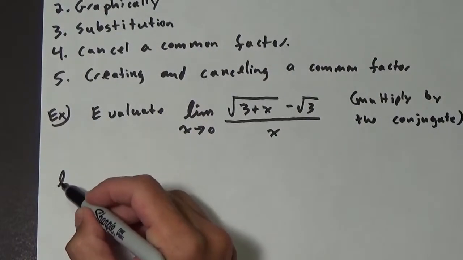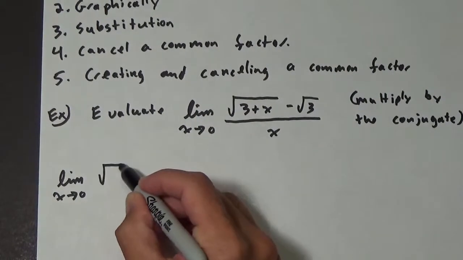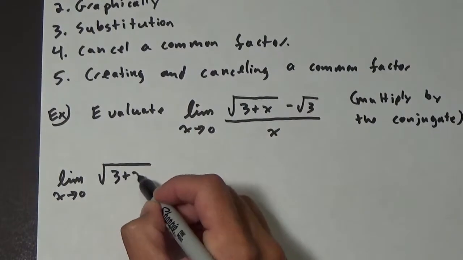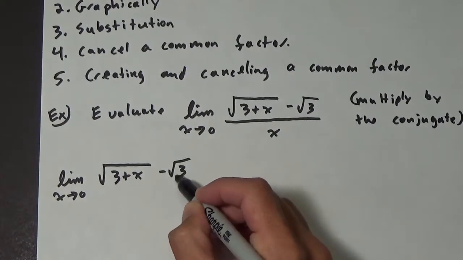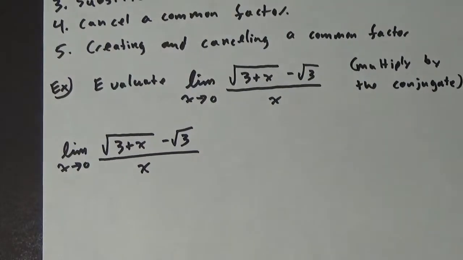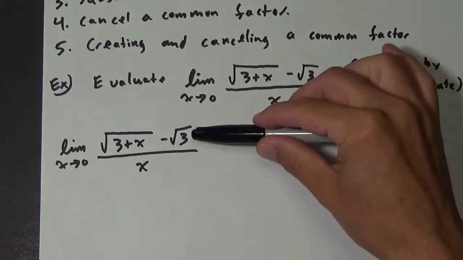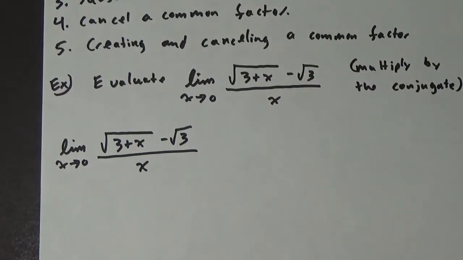So we have the limit as x approaches 0 of the square root of 3 plus x minus the square root of 3, all over x. Now I'm going to give you guys a hint. Anytime you see these square roots, it's not always going to happen, but that's usually when I realize I'm going to have to create and cancel a common factor.